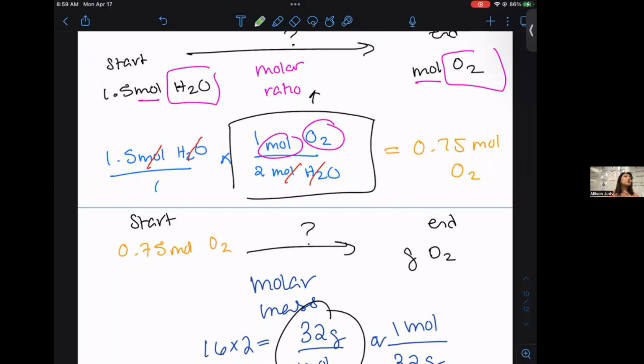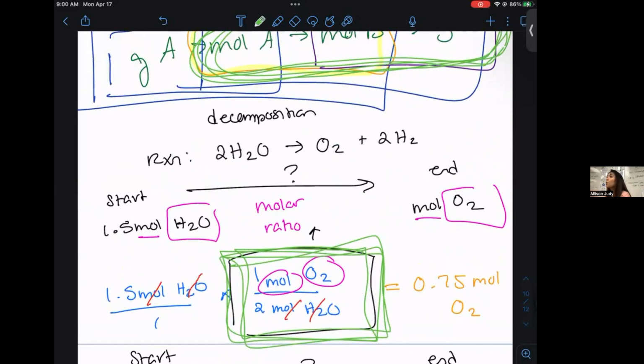My balanced chemical reaction gives me a standard relationship between these 2 molecules. That's what I use. So this comes from my balanced chemical reaction. It reveals to me my molar ratios. For every 2 moles of water decomposed, I produce 1 mole of oxygen diatomic and 2 moles of hydrogen diatomic.